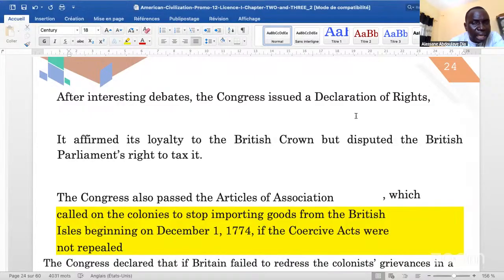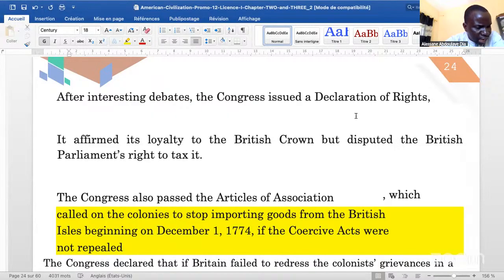What does it mean, a Declaration of Rights? They wrote a declaration where they tell what their rights are as a colony. And in the declaration, the British colonies expressed their loyalty to the British Crown. It means they recognize that they are ruled by the British Crown. That's not a problem. But they are frustrated with Parliament taxing them illegally.